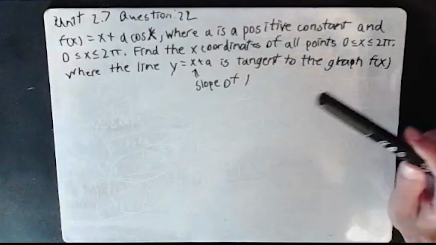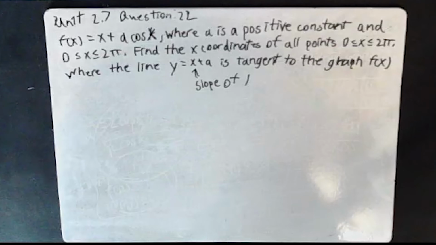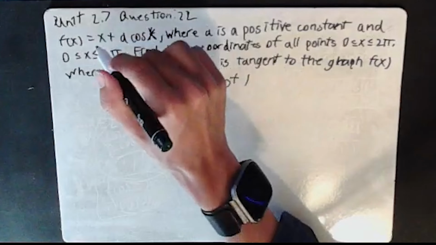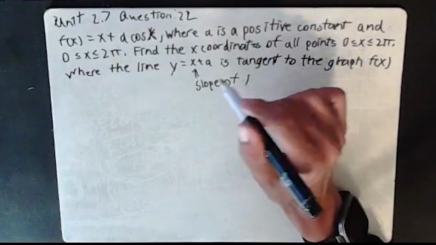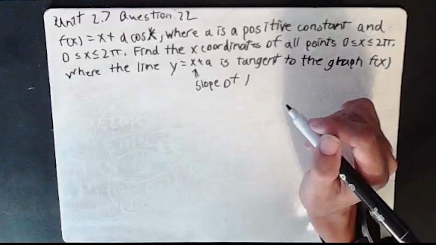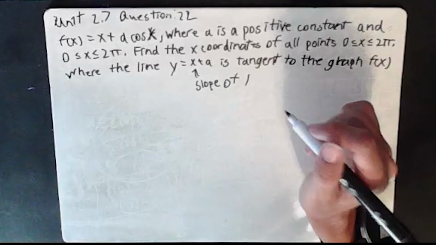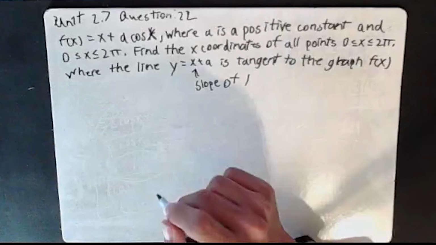So what this means is that at the x coordinate that this is the tangent line of, we know that the derivative of this function at x equals that value will be equal to 1. So from that information, let's find where the derivative of this function is equal to 1.